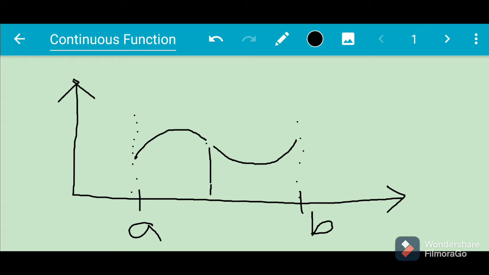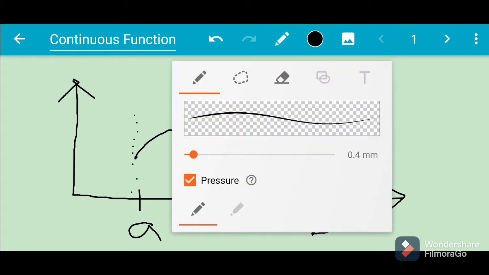So let me go to some details. First the definition of the continuous function, and next how it works.